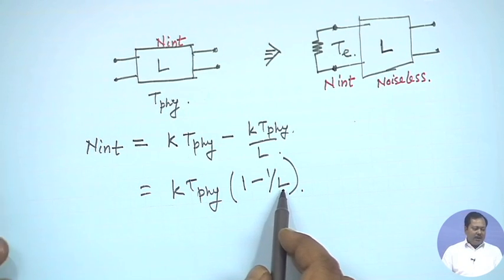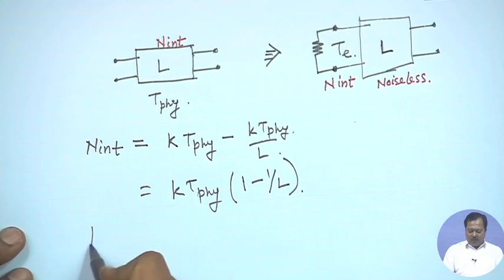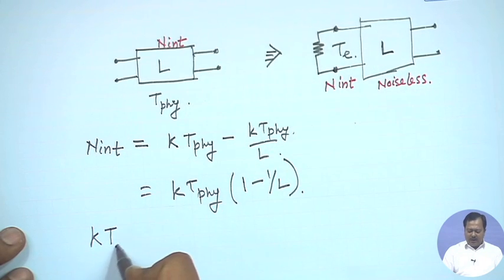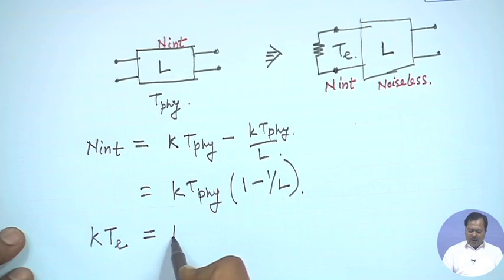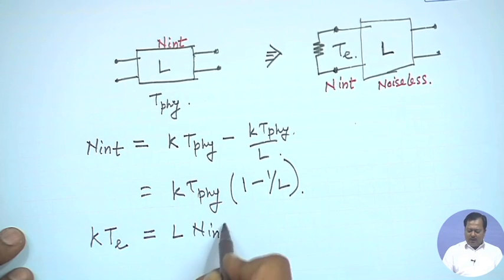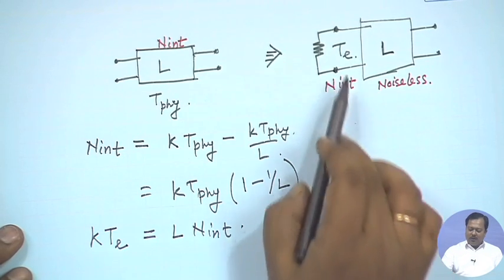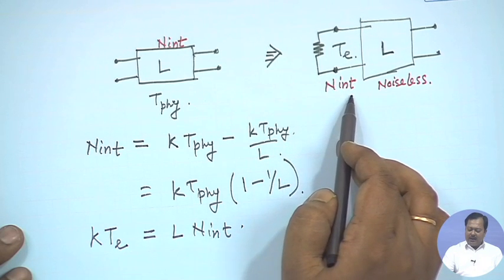Then the corresponding equivalent input noise temperature we want to calculate. If this is Te, in that case K Te is equal to L into N internal. If I look at this second network, Te is now providing me the N internal.